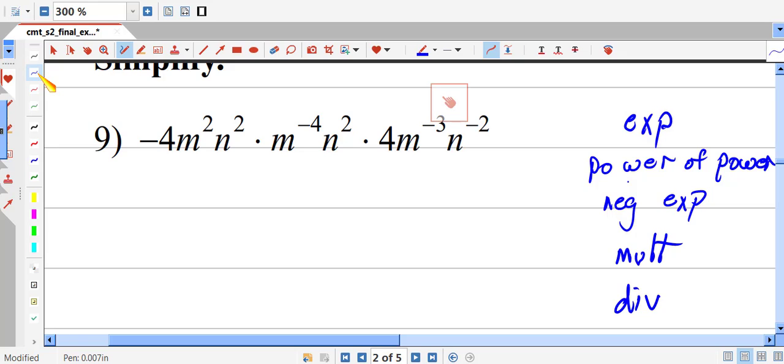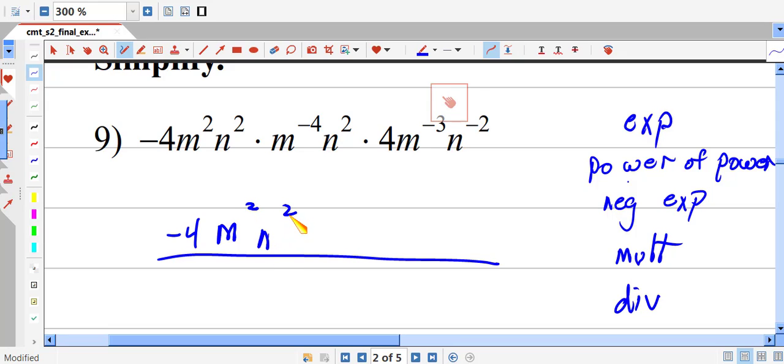And I think that's pretty much it. Okay, so I don't have anything to the 0 power here, and I don't have any power of a power. That always involves parentheses when you multiply exponents. So I'm going to do the negative exponent rule first. So basically, I just need to sort out whatever's there, and if it has a positive exponent, I leave it in the numerator, and everything else goes down to the denominator.